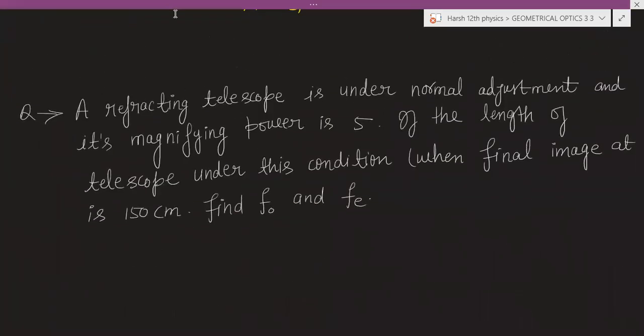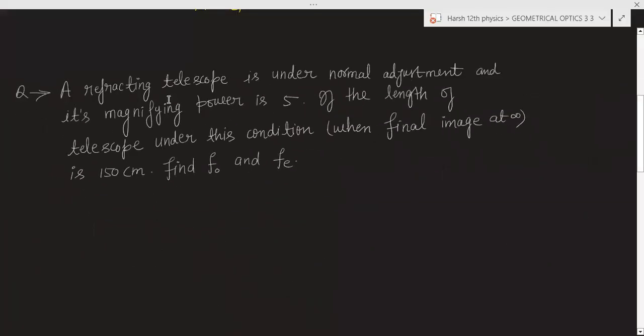Now see this numerical. In this numerical, they are saying a refracting telescope is under normal adjustment and its magnifying power is 5. The length of the telescope under this condition is 150 centimeter, when the final image is formed at infinity.